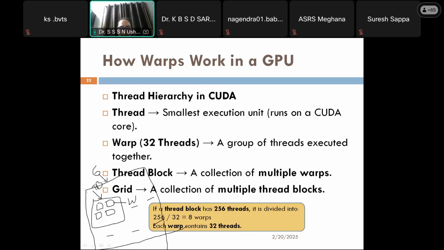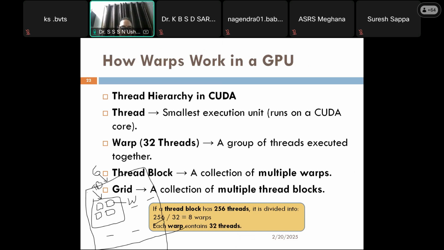Here's a small example. If a thread block has 256 threads, it is divided into 256 by 32, because every warp can group 32 threads. So 256 by 32 gives 8 warps.